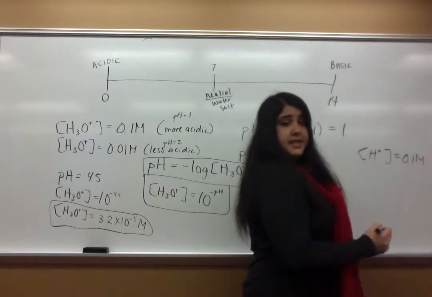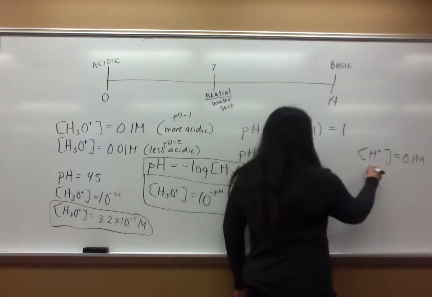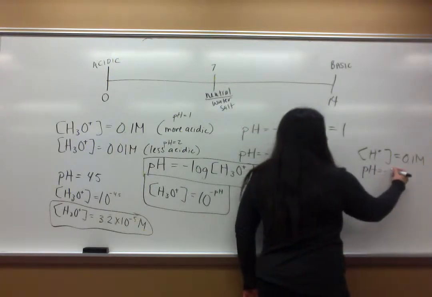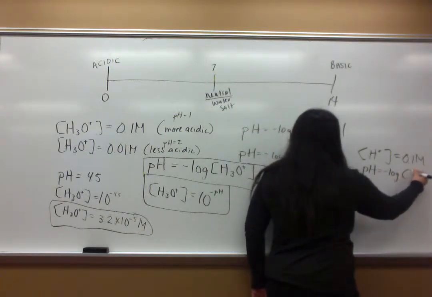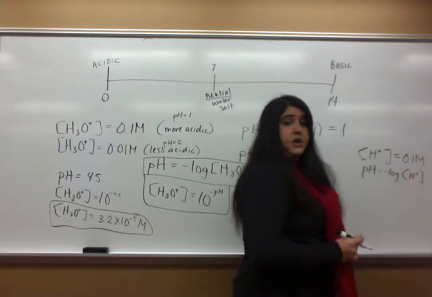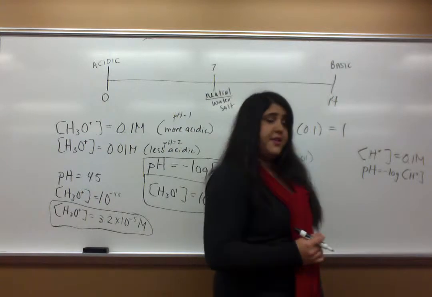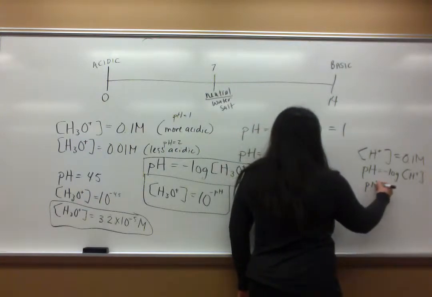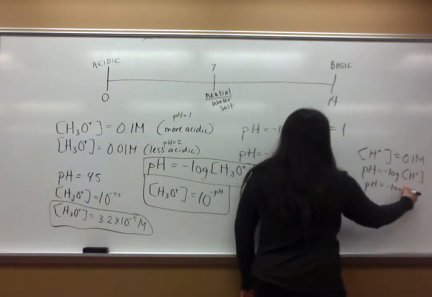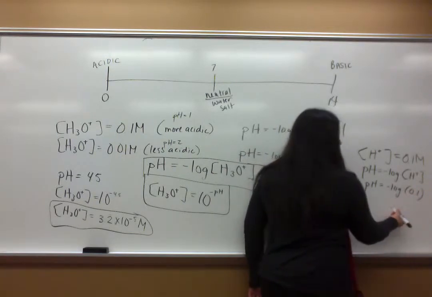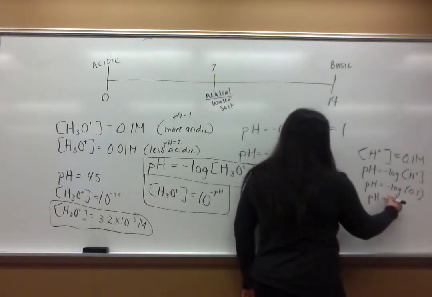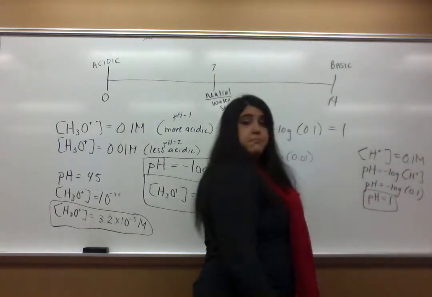Hopefully you guys can still see this. And I'm looking for the pH. pH, again, is equal to negative log of the concentration of H3O+, also known as H+. Again, we can consider that to be the same thing. So my pH is equal to negative log of 0.1. When I find my pH, it is equal to 1.